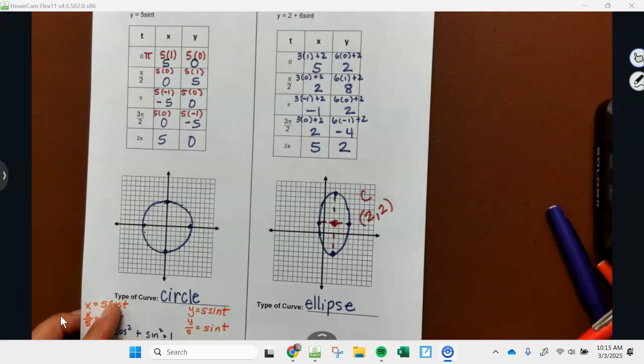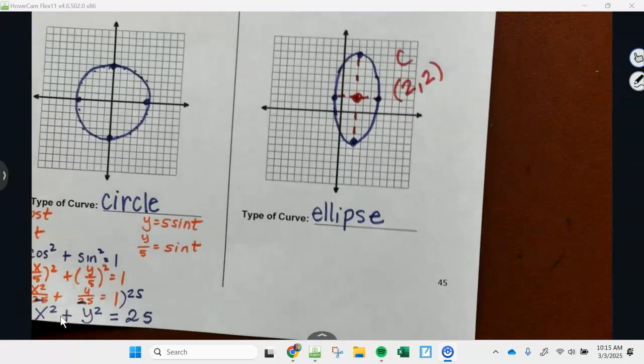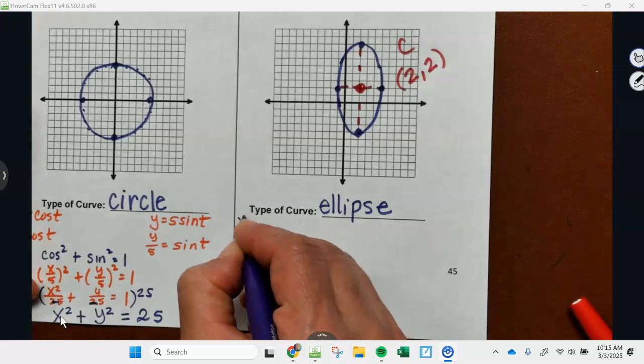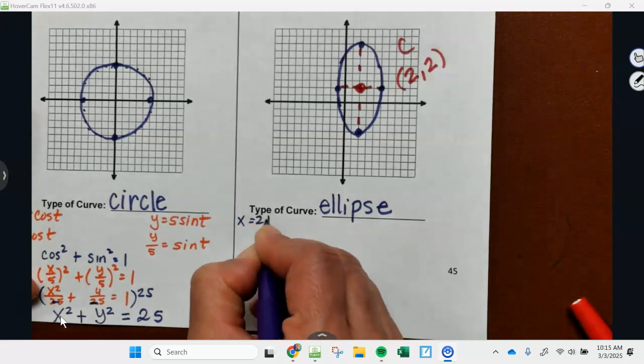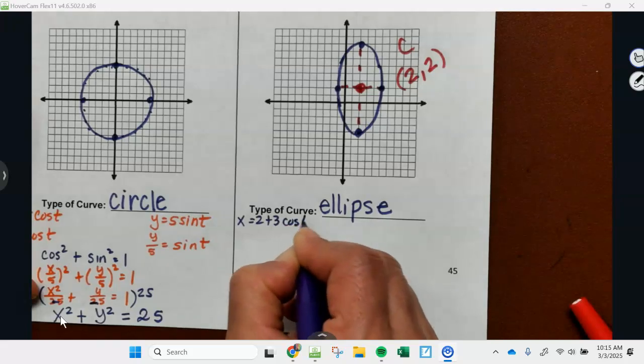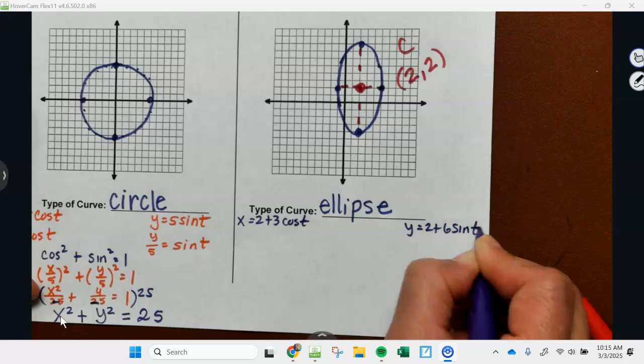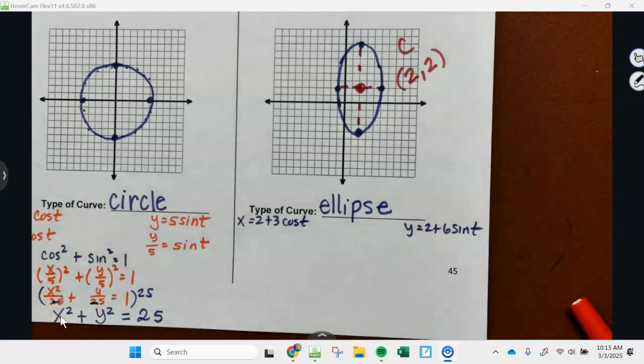All right, it's time to convert this into rectangular form. Same process. Remember, x for this was 2 plus 3 cosine t. Y was 2 plus 6 sine t. Now, if you ever wondered why h and k were opposite in the equations, you're about to get your answer.